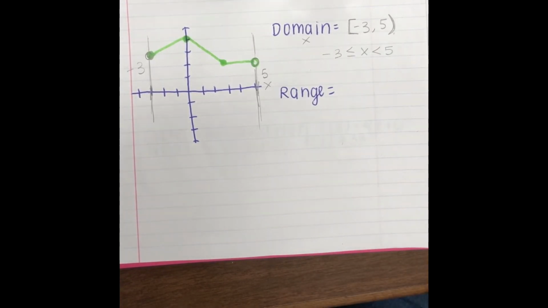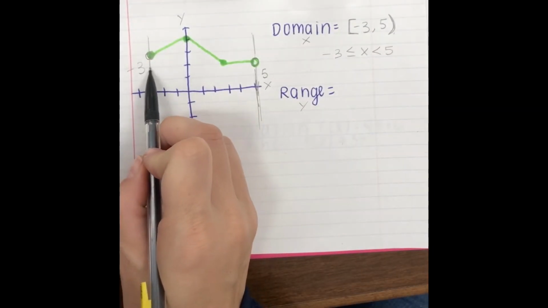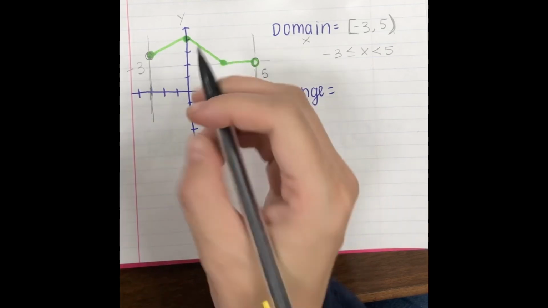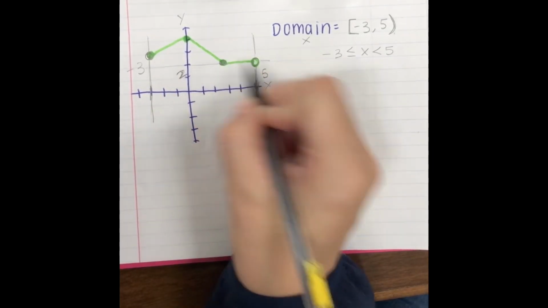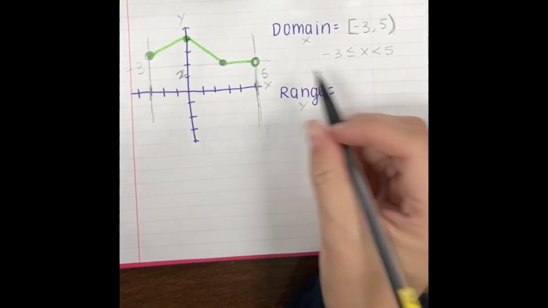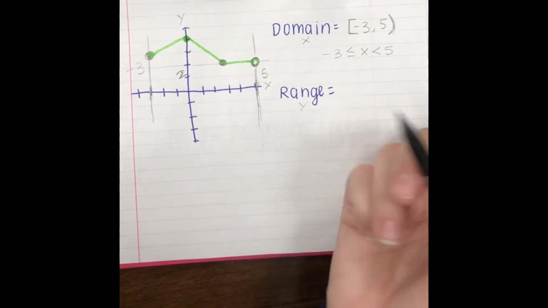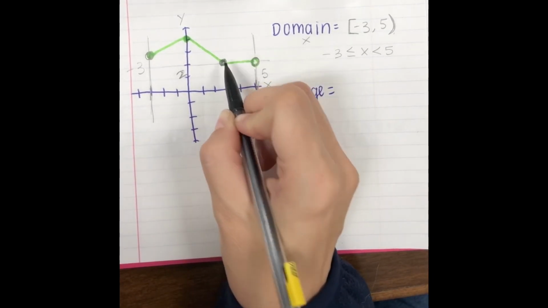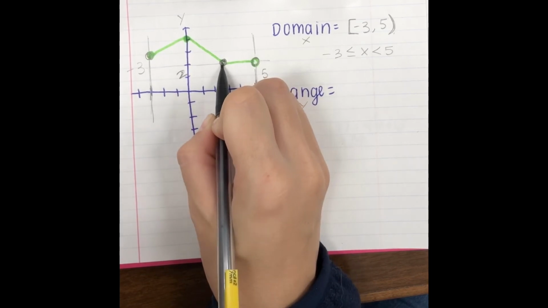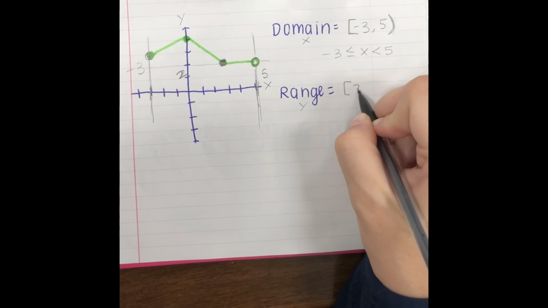For my range, we're looking at our y-axis. So the lowest that we have any points would be right here at 2. If you notice, one has a closed circle and one has an open circle. So if it was just an open circle, we would leave a parentheses. But since we also have a closed circle, that means we do have a point that touches at 2 on my y, so it is going to get a bracket.